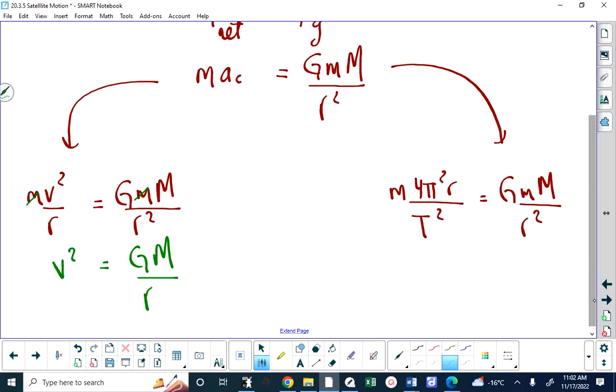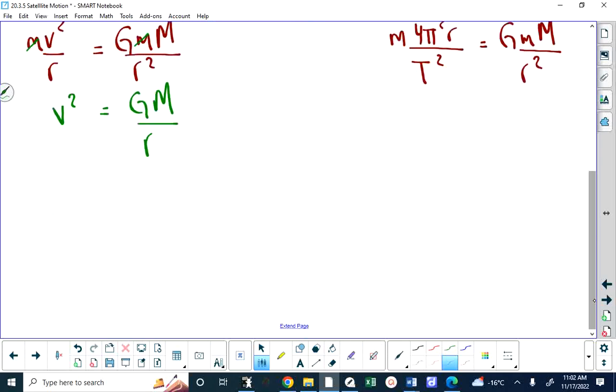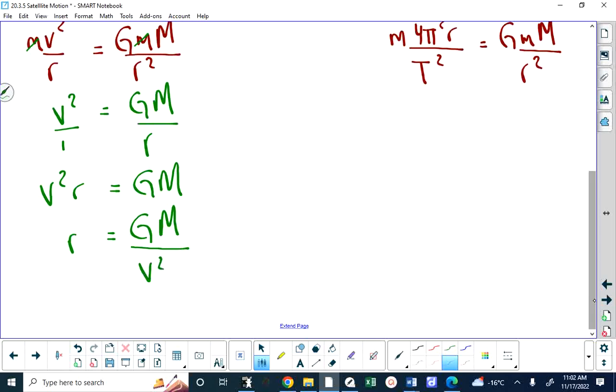And r over r on the left cancels. R over r squared on the right cancels, leaving me an r on the bottom. And this will allow me to cross multiply. V squared times r will equal G times the mass of Jupiter. So r will be equal to G times the mass of Jupiter over v squared.